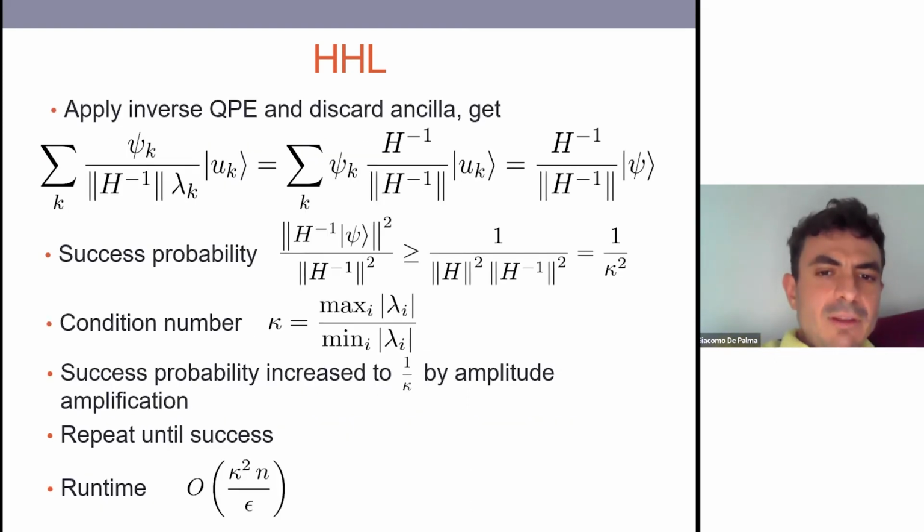And amplitude amplification allows us to raise the success probability quadratically. So this 1 over k squared, thanks to amplitude amplification, can become 1 over k. And then, of course, we need to repeat this protocol until success. So we need to repeat the protocol k times.